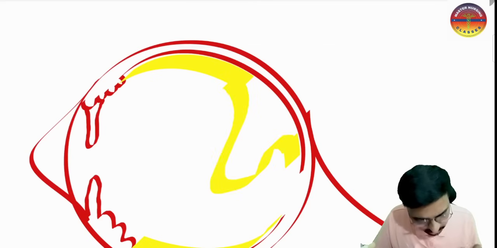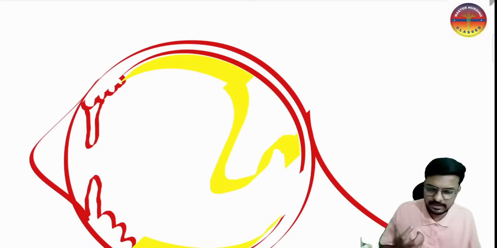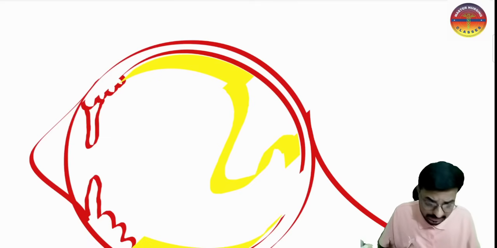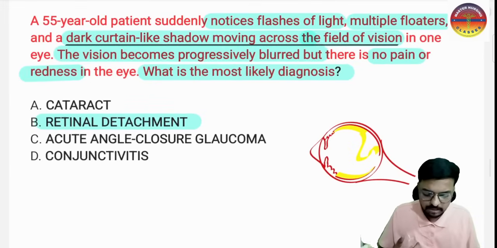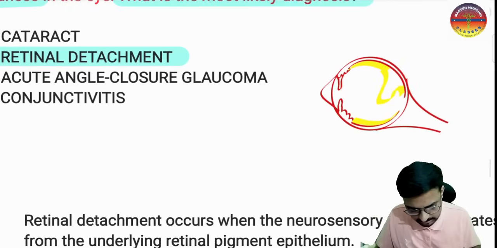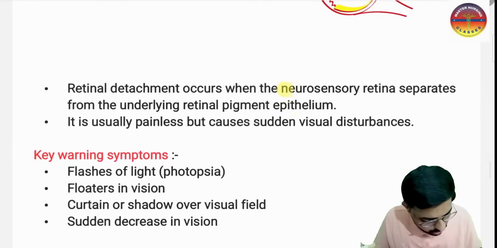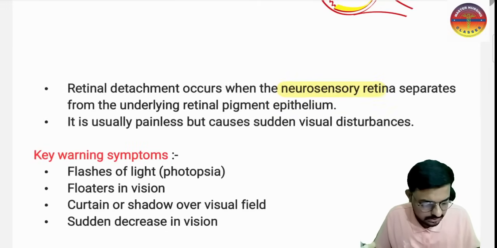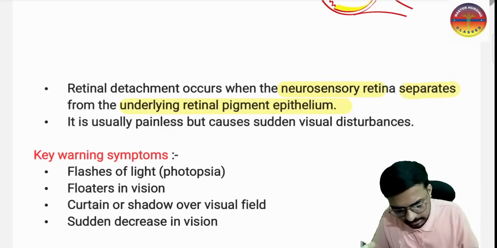So this is the curtain-like visual, the very important retinal detachment, where the classical clinical picture is the curtain-like shadow moving across the visual field. Retinal detachment occurs when the neurosensory layer, that is the retina, separates from the underlying retinal pigmented epithelium or from the choroid.